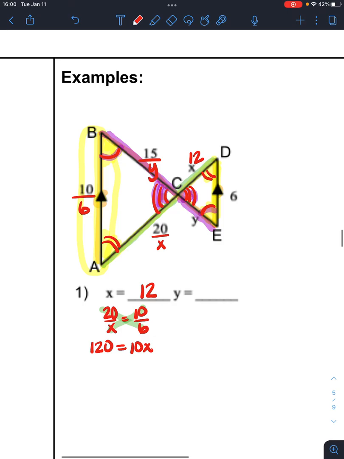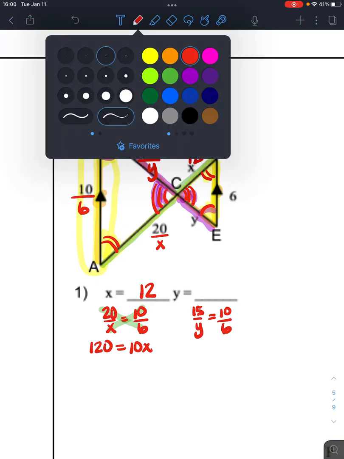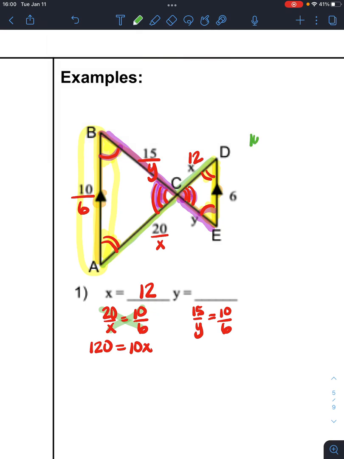And then we want to find our y. So we can set up 15 over y is equal to 10 over 6. Now, let me back up for just a second. I mentioned something, that scale factor. I had 10 over 6, which reduces to 5 over 3. Notice that I go from the big triangle to the small triangle, so my scale factor to go from the left triangle to the right triangle would be 3/5.